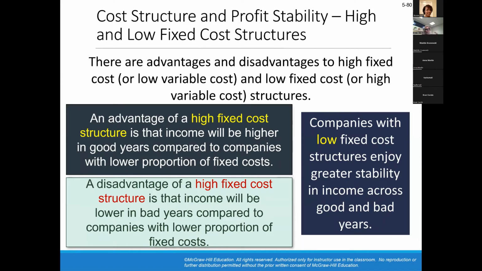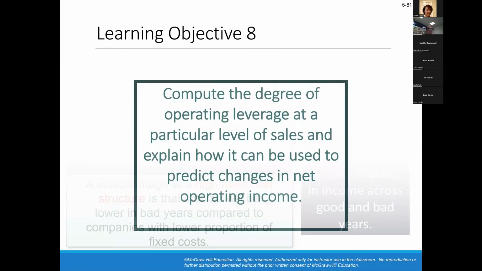So if you have the adjustments going into your variable expense and you keep your fixed costs low, that helps give a little better stability, and the costs work evenly with how your sales are for that year, whether they're high or low. So that's all this is saying: there's an advantage and disadvantage with having a lot of fixed costs, and it could be better if you had less fixed costs and a little bit higher variable cost, because then those swings won't be as bad. That's all the slide's saying.